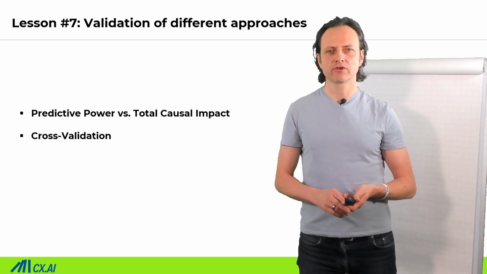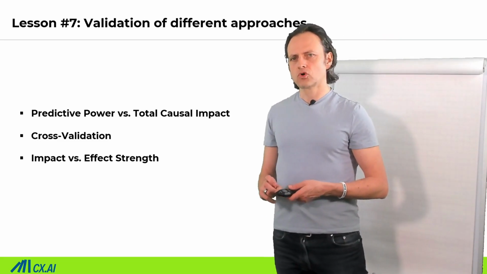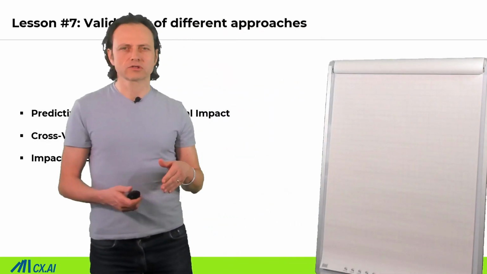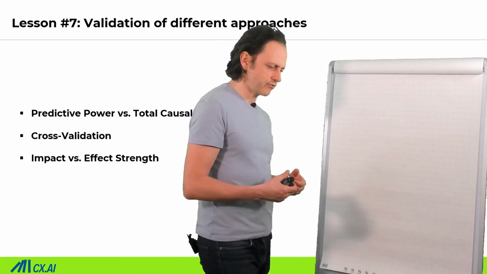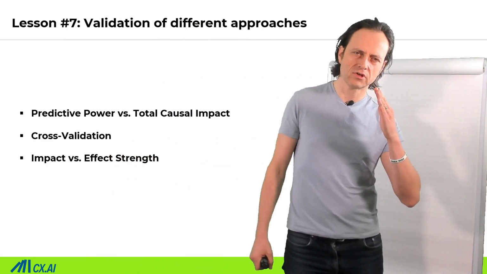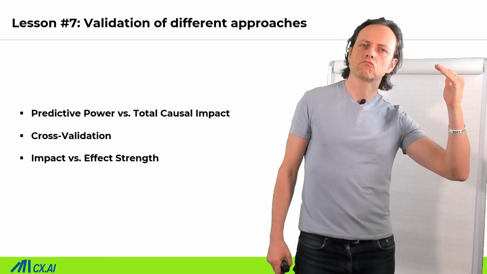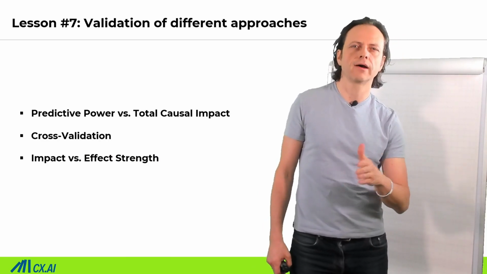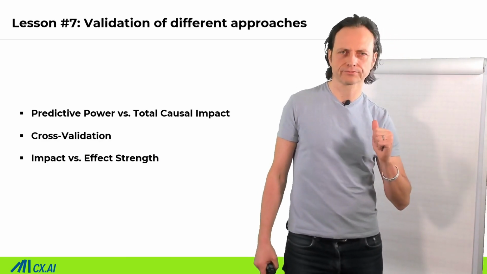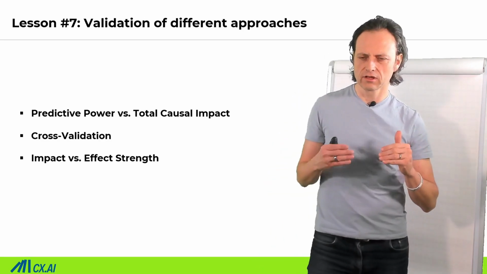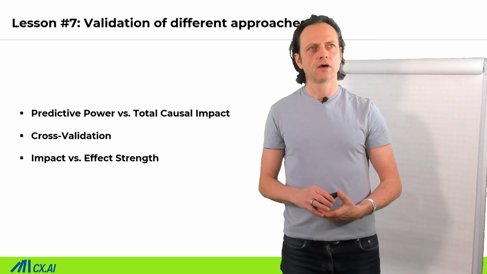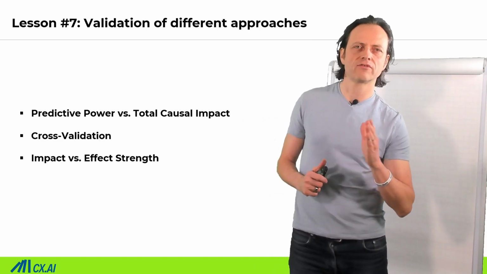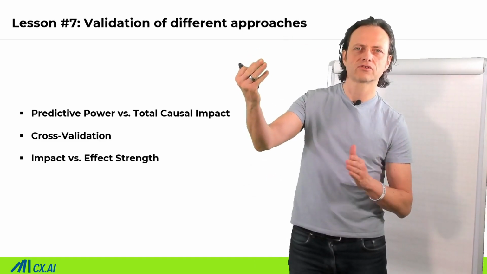It's a cross-validation methodology. There's another thing called impact versus effect strength. One thing is that you can measure the impact in terms of how big the effect is. Basically, this means how much the rating or the NPS will improve when I improve the driver by 10%. That's impact. But especially when it comes to interactions, that's not so easy, because if the impact of a driver depends on another driver, you cannot simulate it this way.